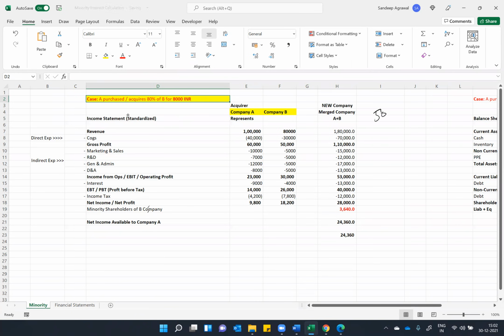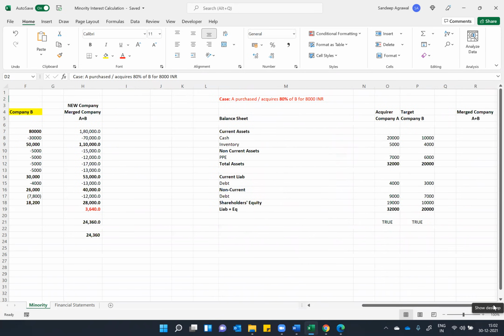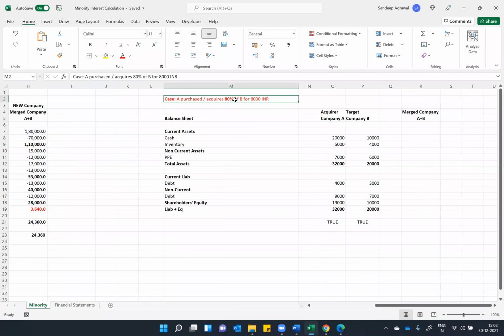Minority can only come into the picture whenever you do a 50% to less than 100% acquisition. Only then the minority shareholders will come into the picture. So let's see how a balance sheet gets merged once you do an acquisition of between 50 to 100%.